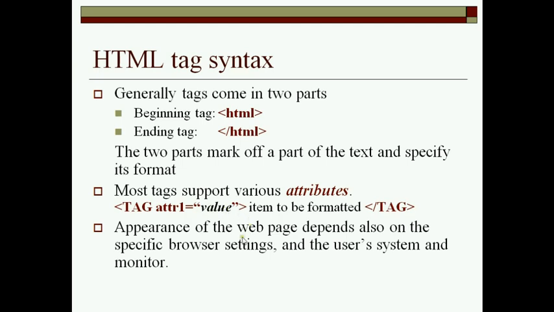For example, a font tag has properties that indicate exactly what font: Verdana or Calibri or Times Roman or what else. Also, the size. What kind of size font do we want? So a font tag indicates that font is going to be defined, and attributes define the various parameters that are desired for that particular tag.